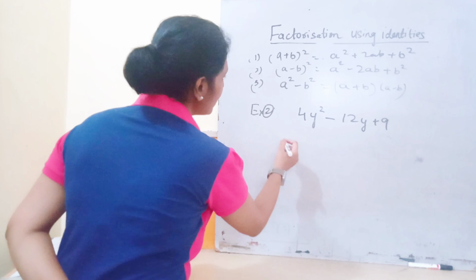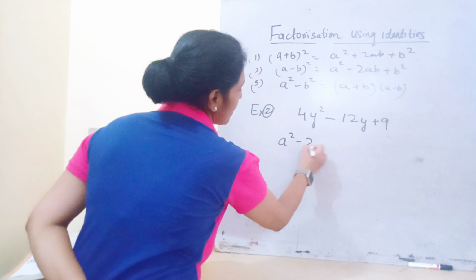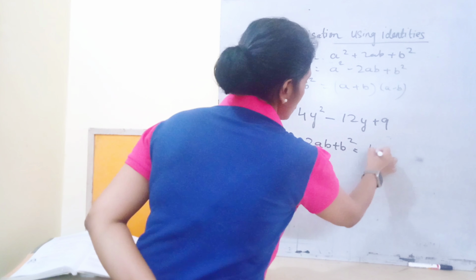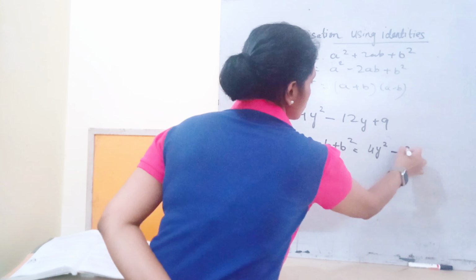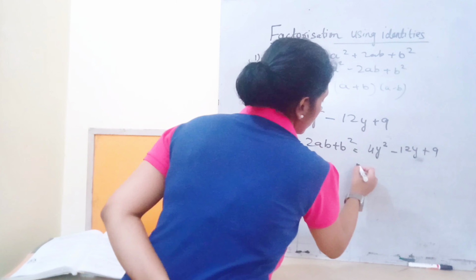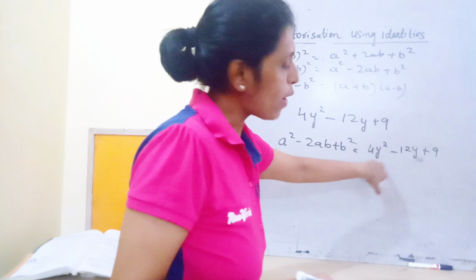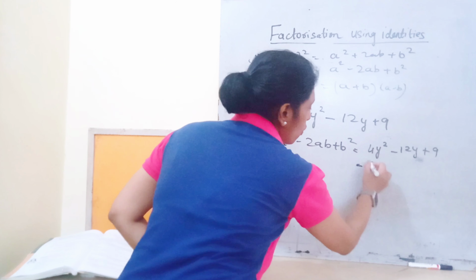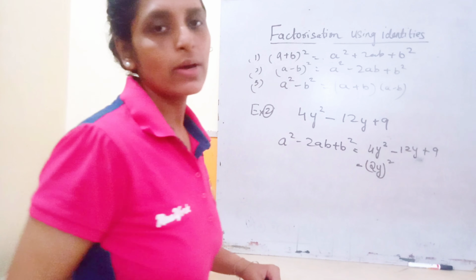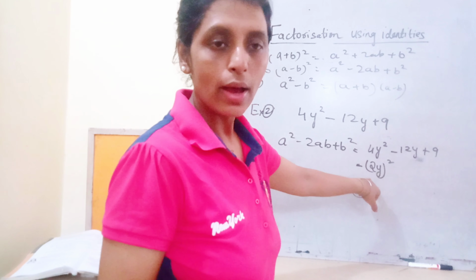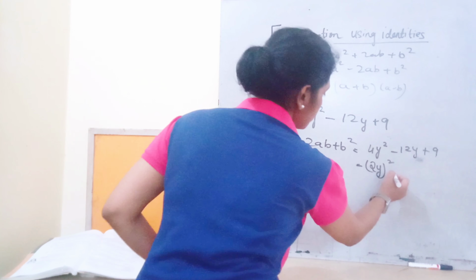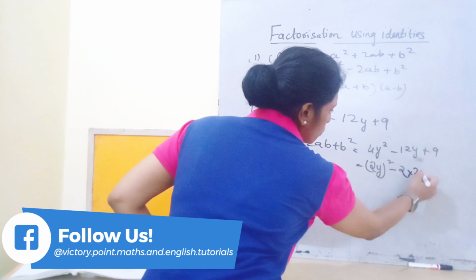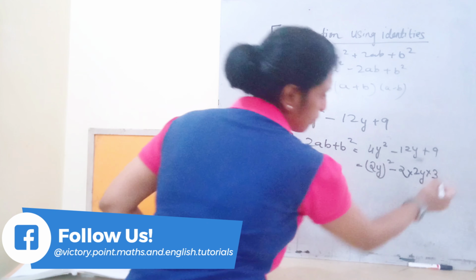Okay. So children, let's compare a square minus 2ab plus b square with this 4y square minus 12y plus 9. Okay. Students, 4y square can be written as (2y) whole square, isn't it? 12y can be written as 2 into 2y into 3.